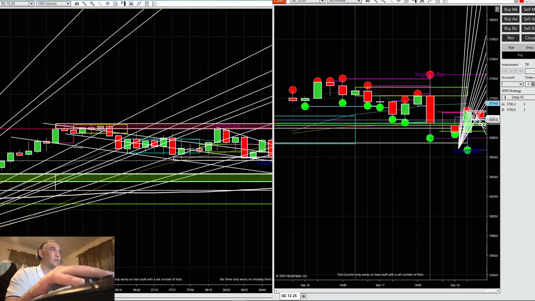Let's go to the bottom of this blue box, because that's where your wick just went down to. Did that just tap liquidity? I think it did. I think that's a wick coming down, so you just tapped your liquidity for this area.